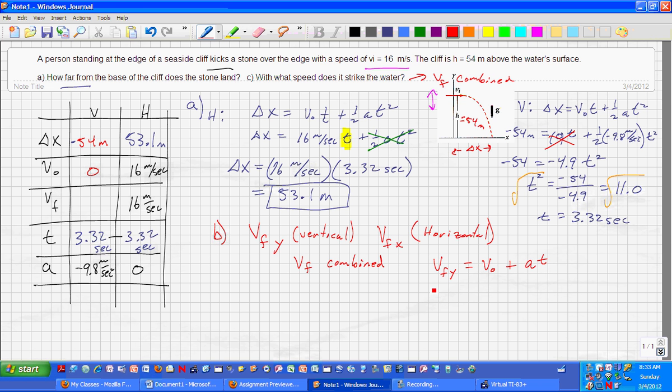So V final in the y direction is equal to 0, which comes from my vertical direction, plus a, which is negative 9.8 meters per second squared, times the time, which is 3.32 seconds.